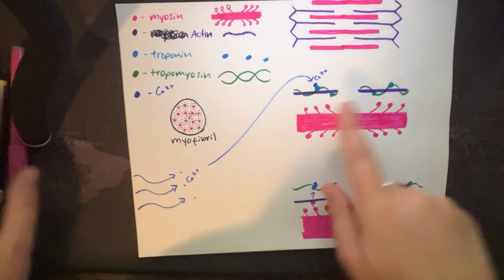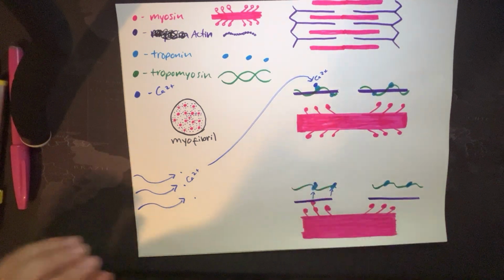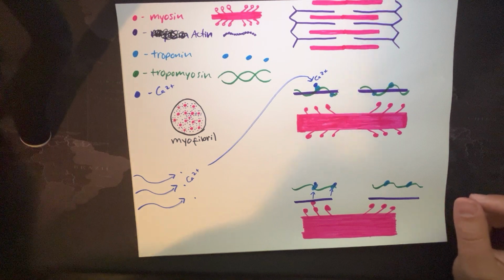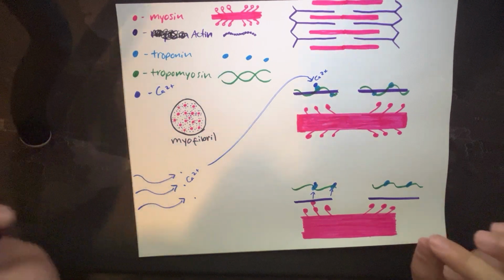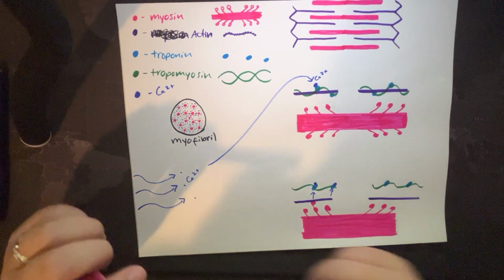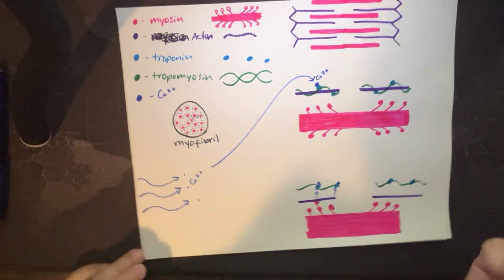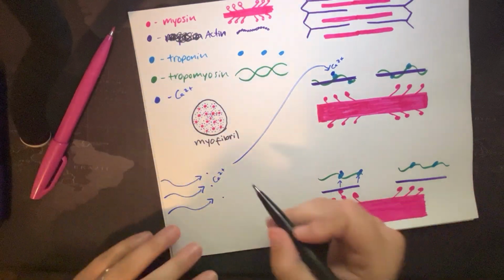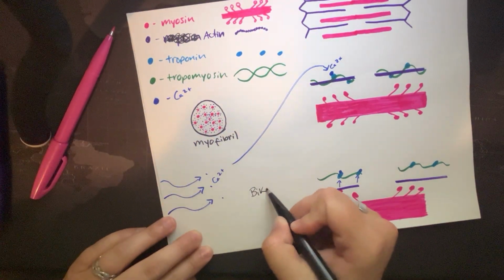So I have an analogy that might help with this. We are going to have somebody who really wants to ride their bike. So our bike analogy.